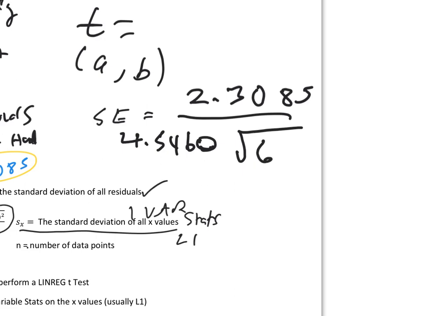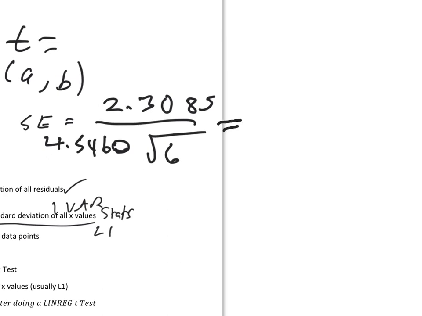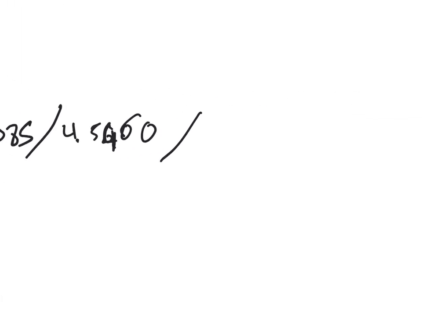6. I'll show you why it's an N minus 1, not an N minus 2, in a minute, when we look at that formula on your AP exam formula chart, which isn't helpful at all. For those that have trouble keying this in, pick up your calculator and type 2.3085 divided by 4.5460, and then divide again by the square root of 6.